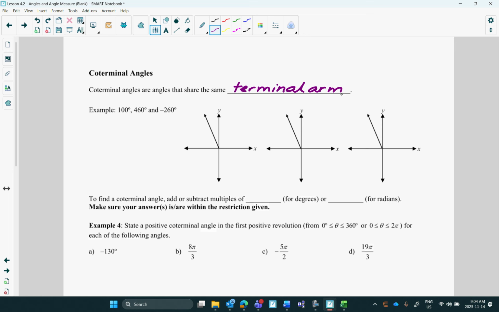Remember, the initial arm is always the positive x-axis. And notice I've got a terminal arm going into quadrant 2. All of these are equivalent to these. So like if I went from here to the terminal arm, that's about 100 degrees, a little past 90.